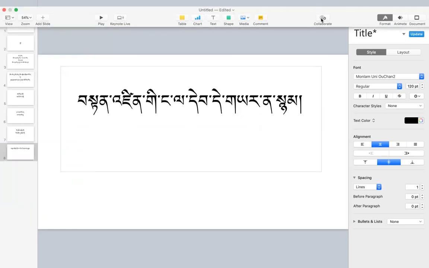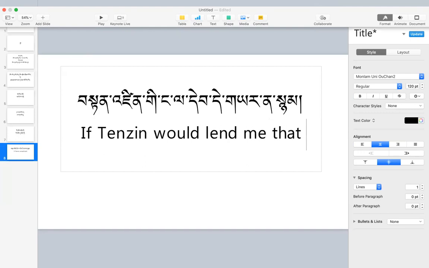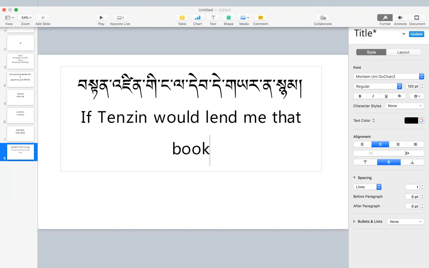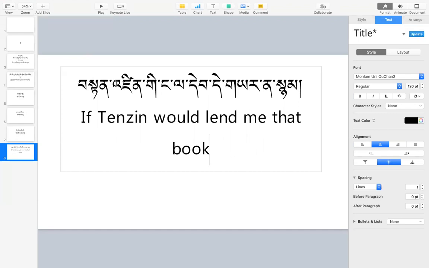So here, na is used like a desiring. If Tenzin would lend me that book. This is the most literal translation. If Tenzin would lend me that book. So na is used here as if.